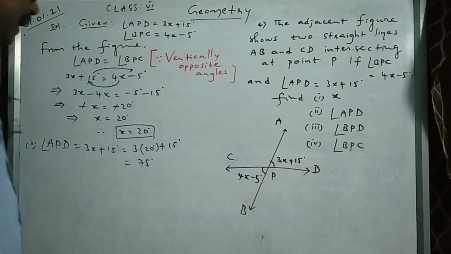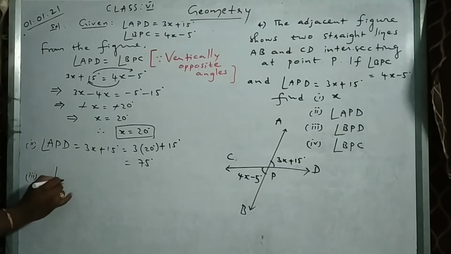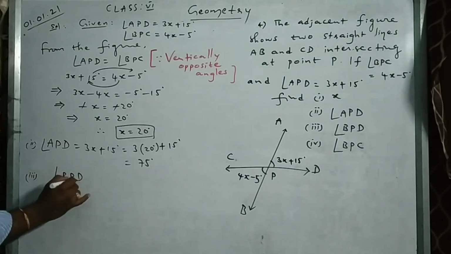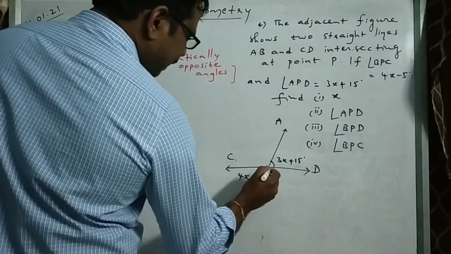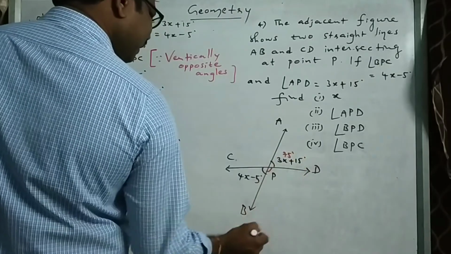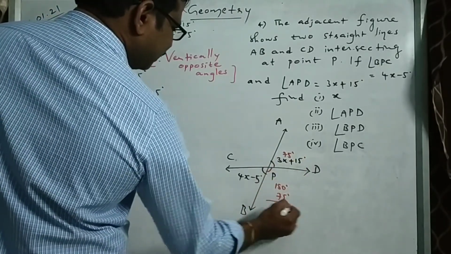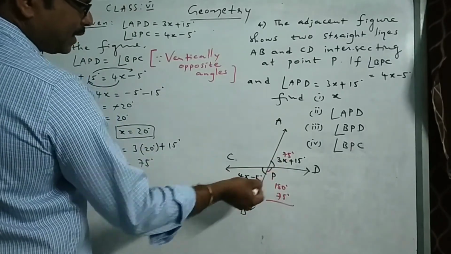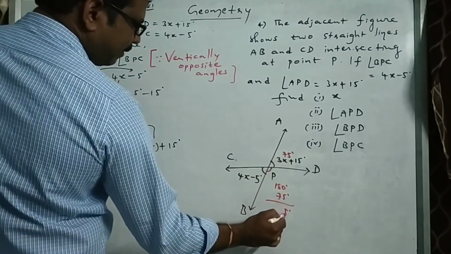Angle BPD, they are asking. So this one they are asking, right? Angle BPD, this one. I got this one as 75. This will be 180 minus 75, right? Because they form a straight angle, adjacent angles. So together it will be 180.